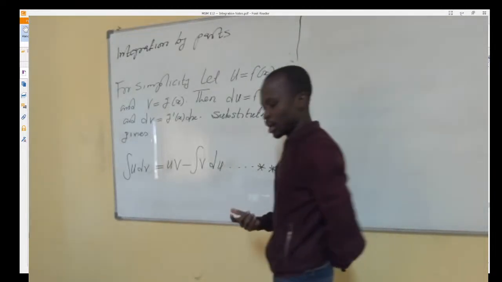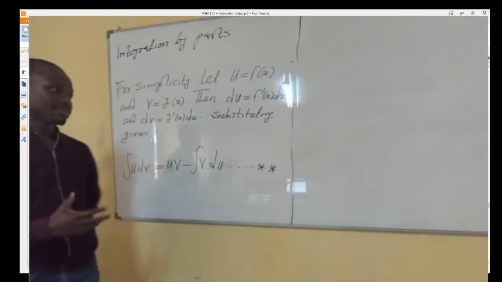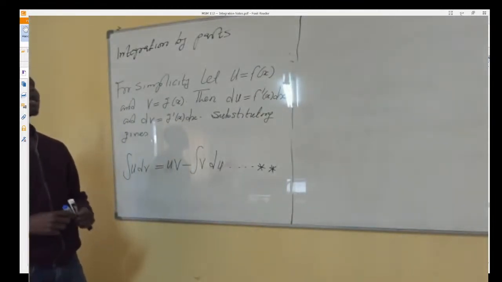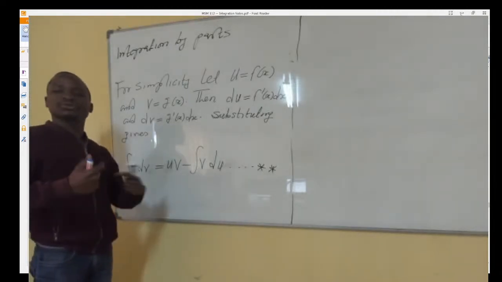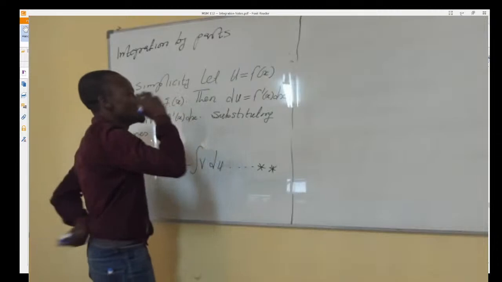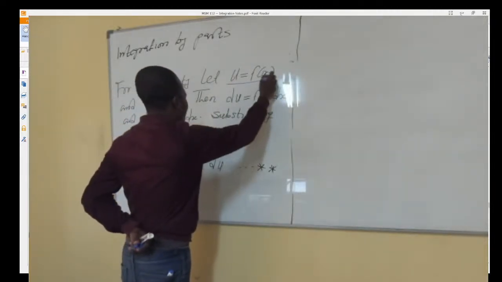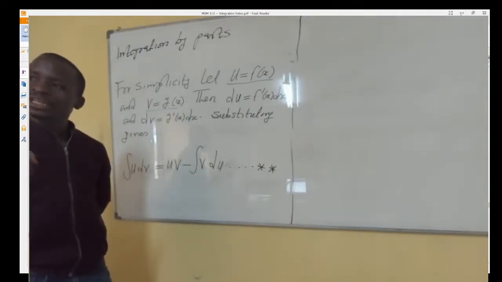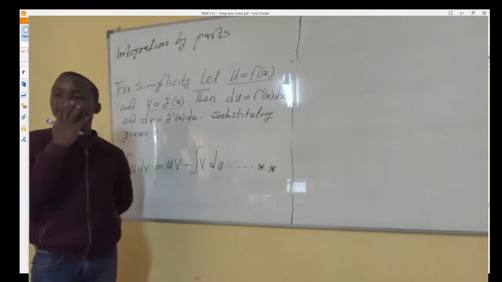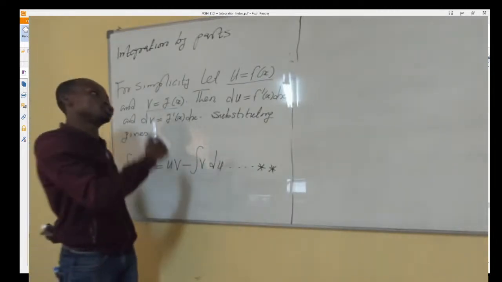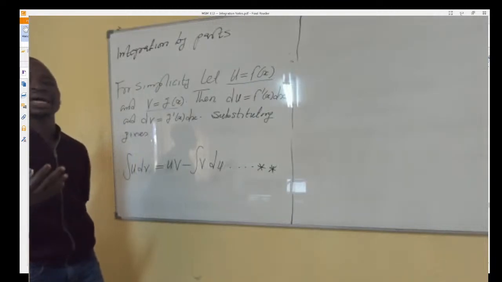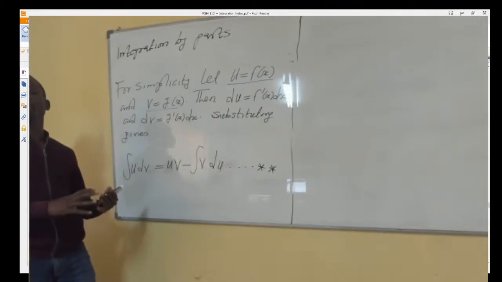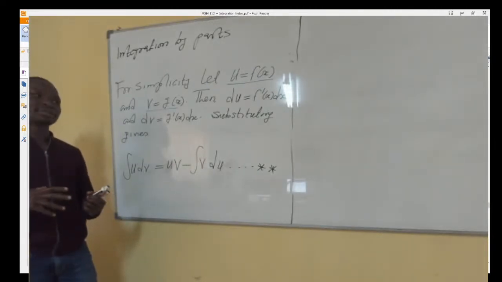The most important part when you're integrating by parts is your choice for u and also for v. If the choice that you make is wrong, then you have challenges. It will be very difficult for you to apply the integration by parts. If you make a wrong choice, you discover that the integral will not be simpler to solve.